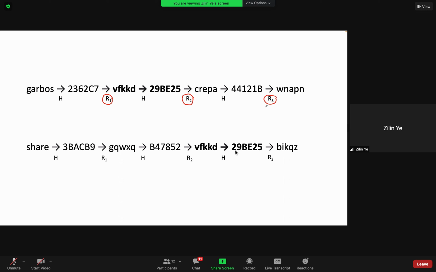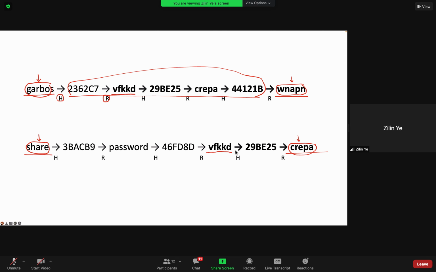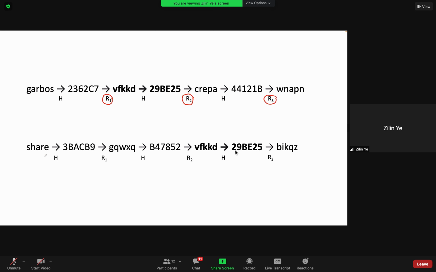All those reduce functions are similar, but slightly different, to avoid the same collisions. So take this example. If you compare this one with the previous one, I'm still starting with garbles and share. But I'm using a different set of reduce functions, or different hash functions, if that is easier for you to understand.